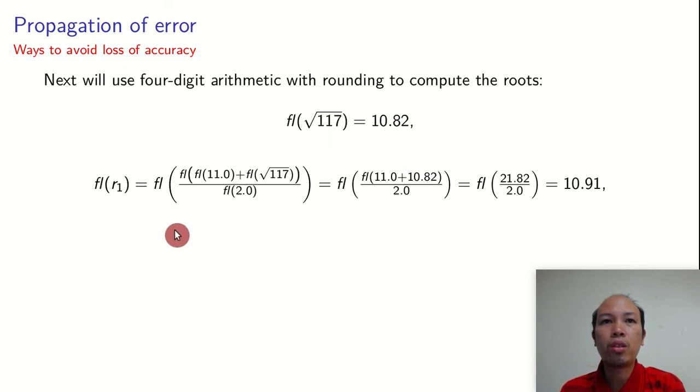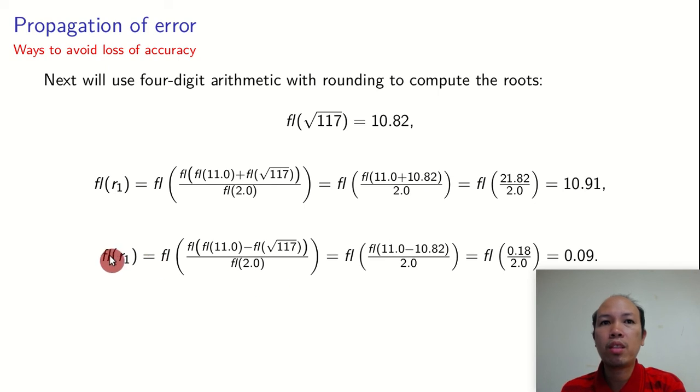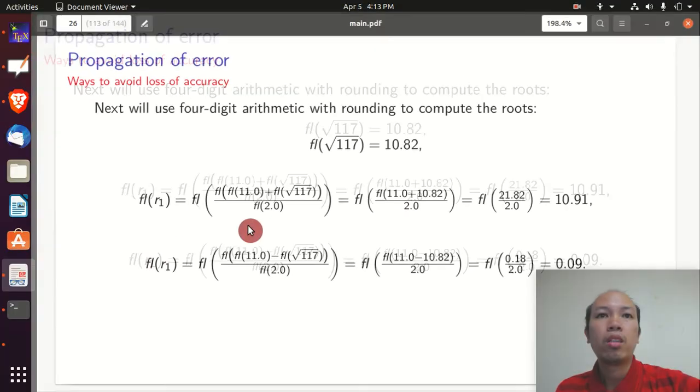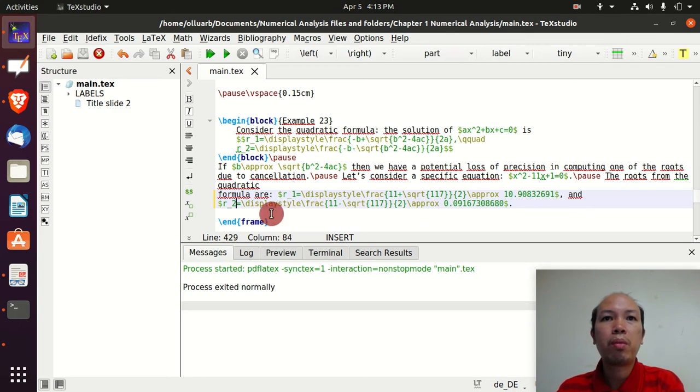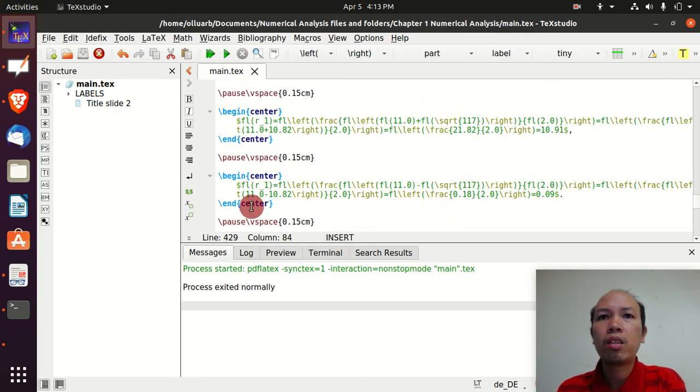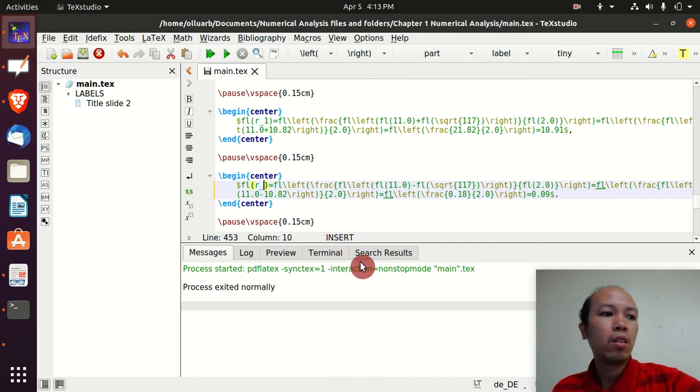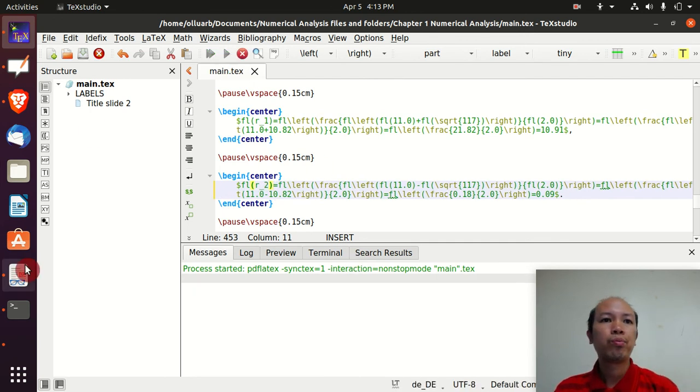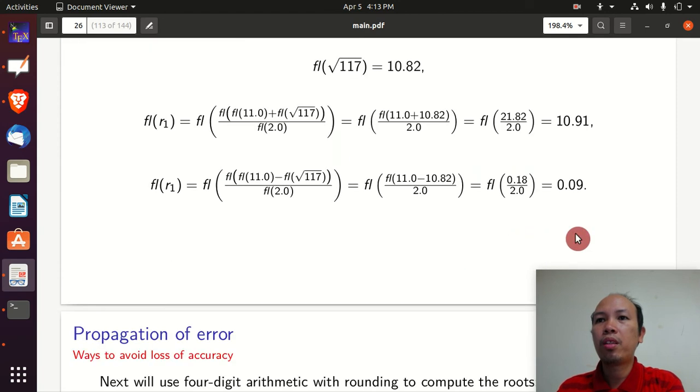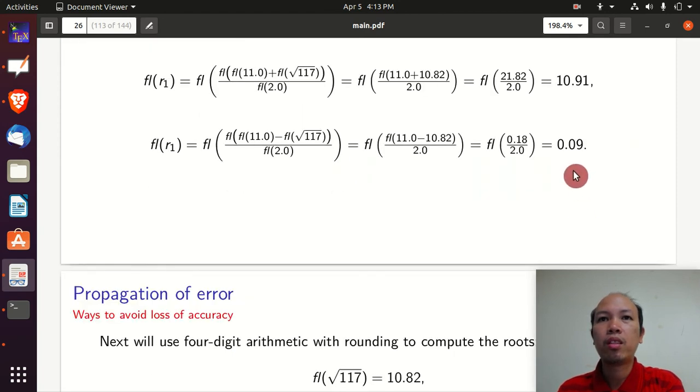Use your calculator, and if you plug in those values, you have r sub 1 is 10.91. For r sub 2, sorry, I think we have to replace that one, r sub 2 is 0.09. Okay, so this is plus minus.